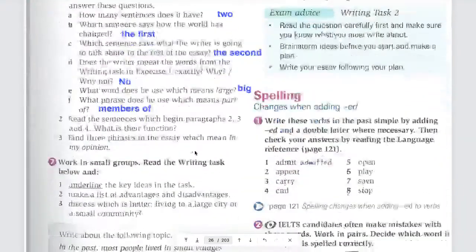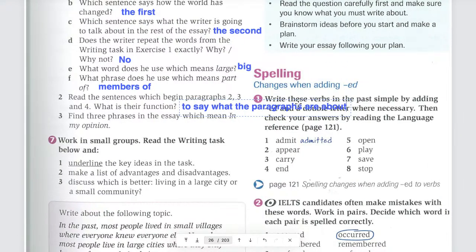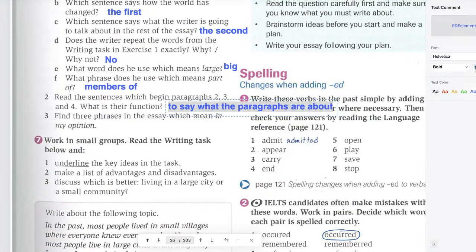So you can write that answer to question number 2. To say what the paragraphs are about.